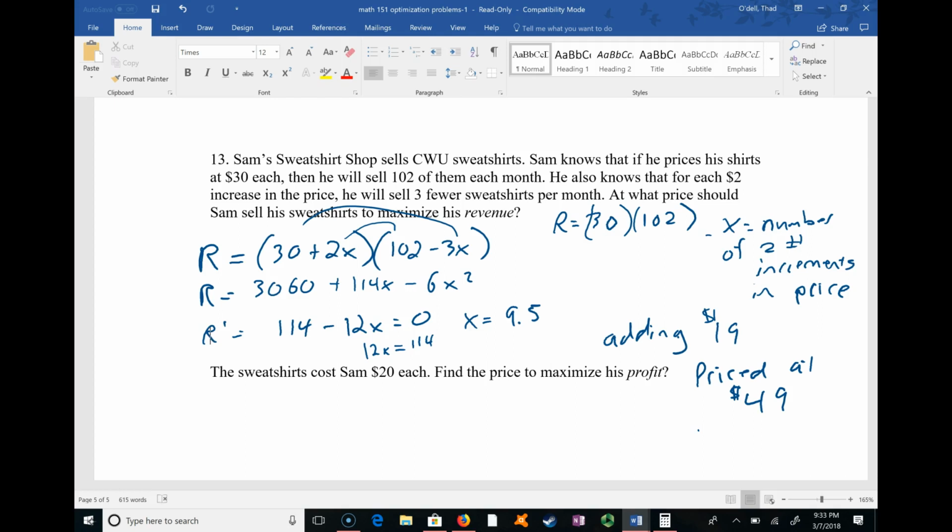Yeah, that's not really possible. So I guess it'd have to be either 9 or 10. If we did 10, that would actually be $50. And that would be selling 30 less of those, so that would be 72.